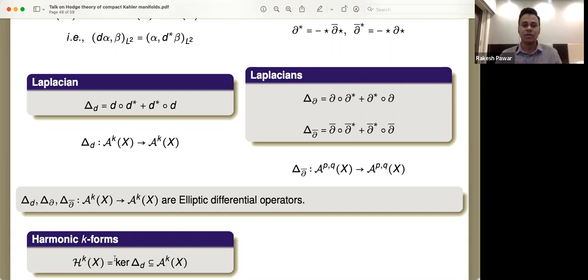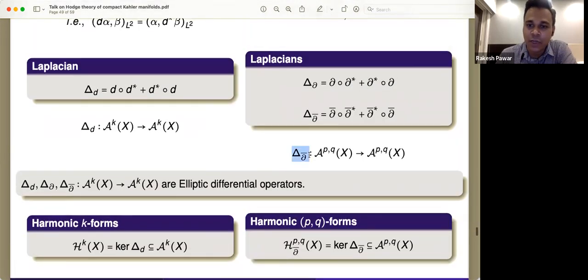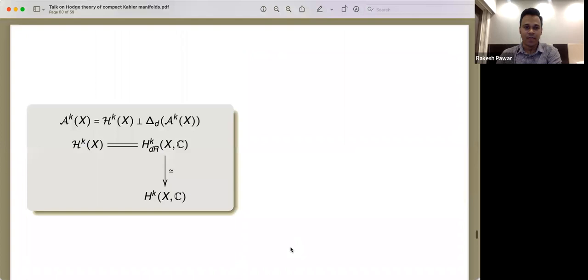So this is the kernel of this differential operator. On the other side, I can make a similar definition: I can look at this particular differential operator and take its kernel. These are called harmonic (p,q)-forms. I denoted it this way to emphasize that it came from the differential operator coming from the Dolbeault operator, del bar. Now, what are these?